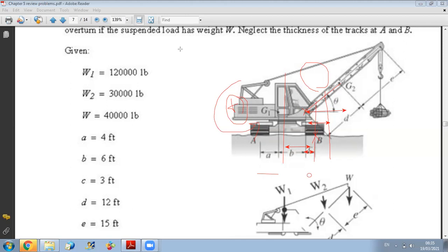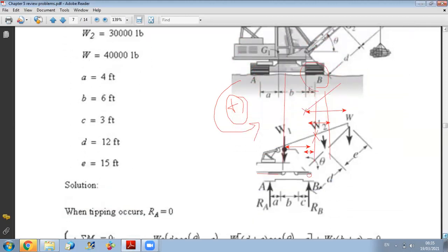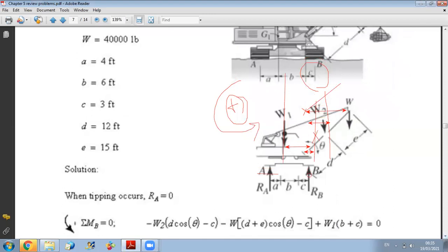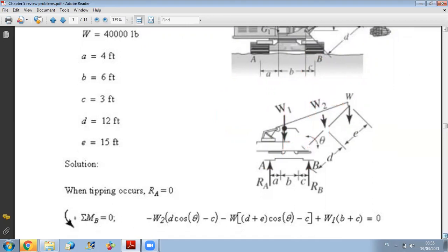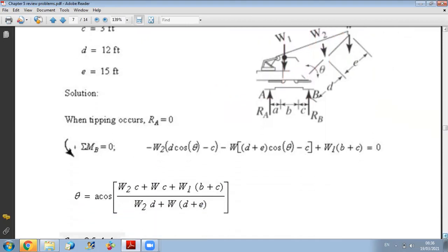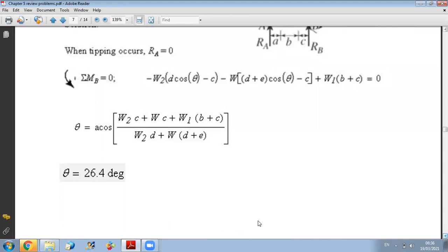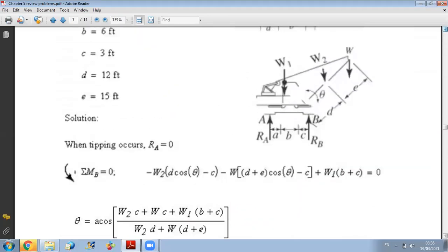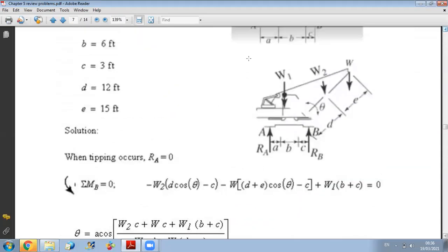Okay, so here concerning W2, it's a negative moment because W2 tends to rotate your structure in the clockwise direction.